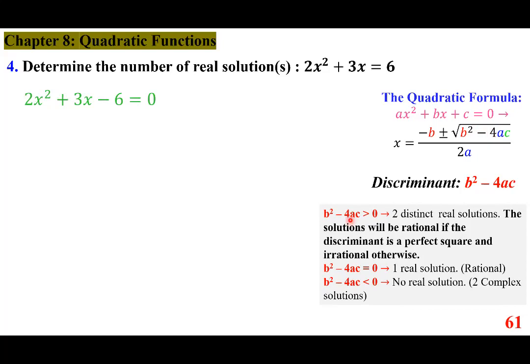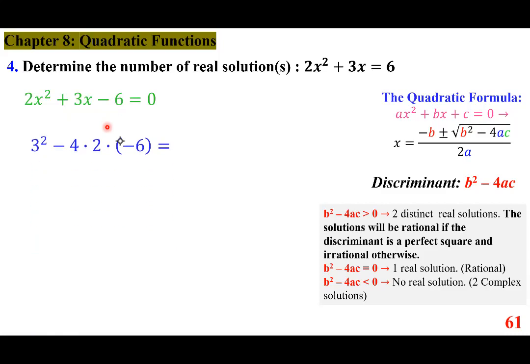So a quick recap: when it's positive, 2 real solutions. When it's 0, 1. When it's negative, none, which means 2 imaginary or complex solutions. And therefore, our first step is to write this in standard form, meaning bring them to the same side, and all you have to do is calculate b squared minus 4ac. Again, a is 2, b is 3, and c is negative 6.